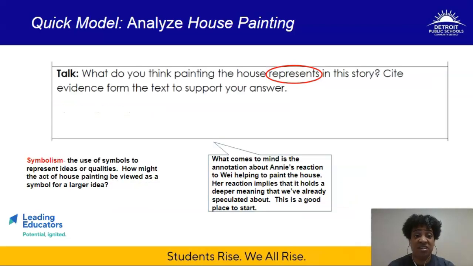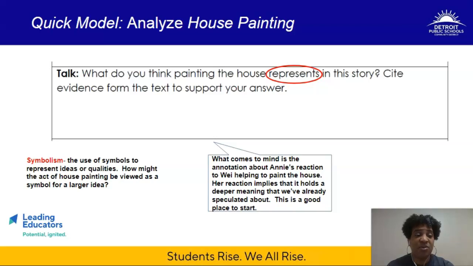Moving on to the talk section. What do you think painting the house represents in this story? You're going to cite evidence from the text to support your answer there as well. So represents here, another way to think about represents is the term symbolism, right? We've discussed symbolism previously. Symbolism is the use of symbols to represent ideas or qualities, all right?